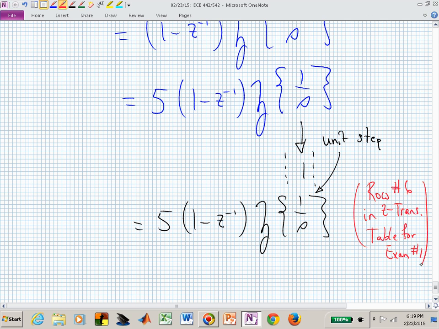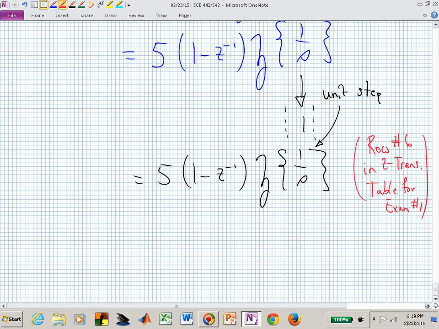For exam number 1. And what did the unit step look like in terms of the Z transform? Or maybe, before I get there, let's rewrite that Z to the minus 1 as 1 over Z. That's the same thing. But now I can put those two terms over a common denominator, which is Z. And what's this piece?